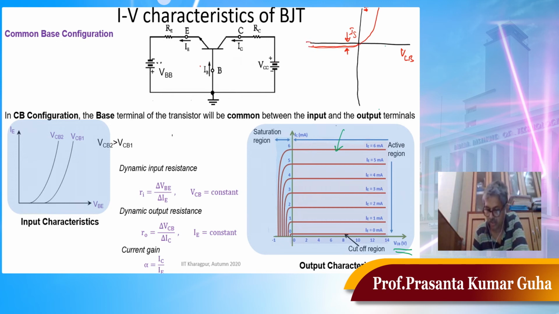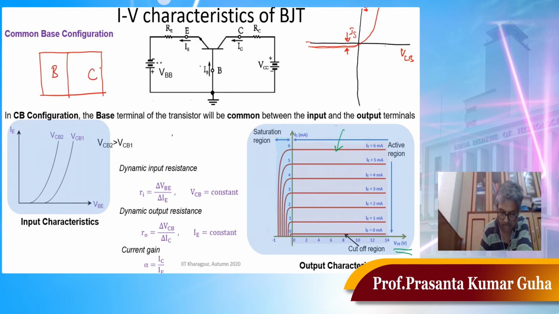It is of the order of nanoamp to picoamp, even of the order of femtoamp, because this depends on minority carriers. You see, this is my base and this is my collector. If this is p type and this is n type, minority carriers are electrons.